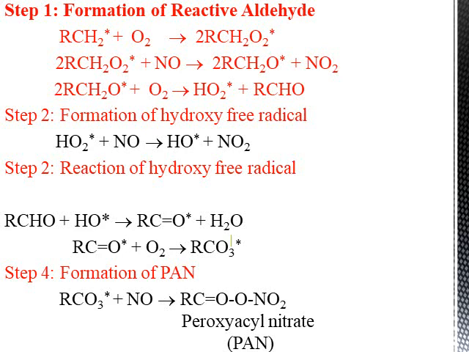So you have three oxygens here, and NO2 is formed. This compound is called peroxyacetyl nitrate. So peroxyacetyl nitrate is formed by a chain reaction from the beginning.